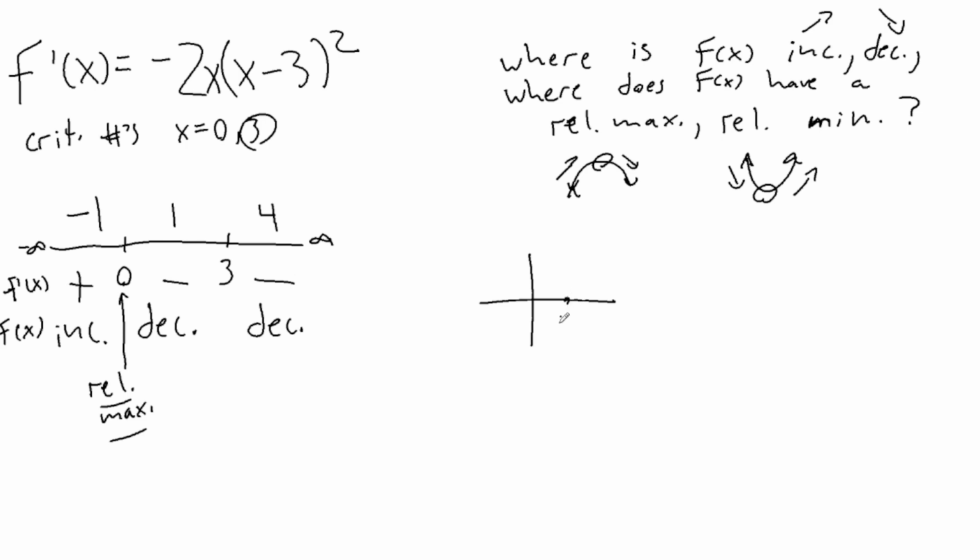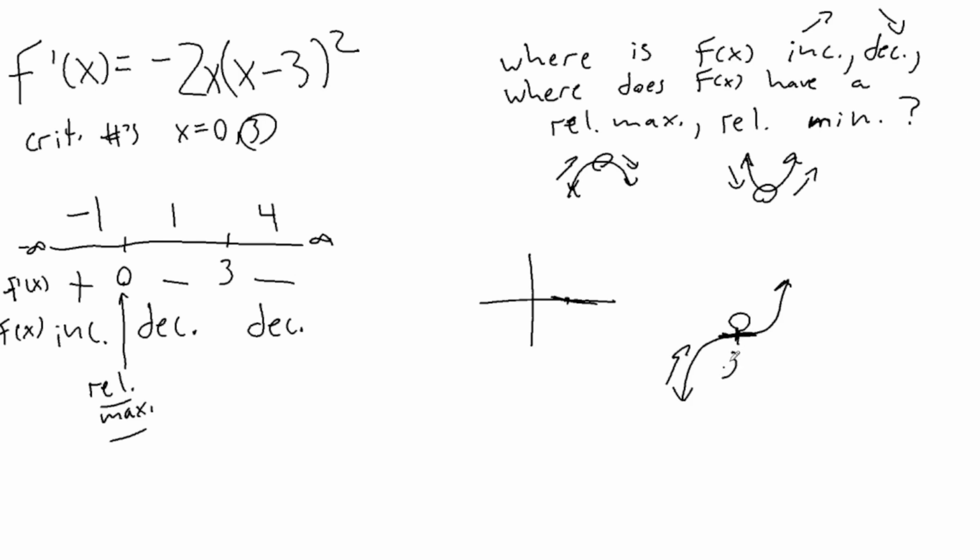So that means the tangent line becomes flat, but it doesn't change. It goes from decreasing to decreasing. So it may look something like this, for example, if the function goes like that, right? But let's pretend that's perfectly flat. The tangent line is increasing, increasing, increasing, and then it goes to flat, or 0.